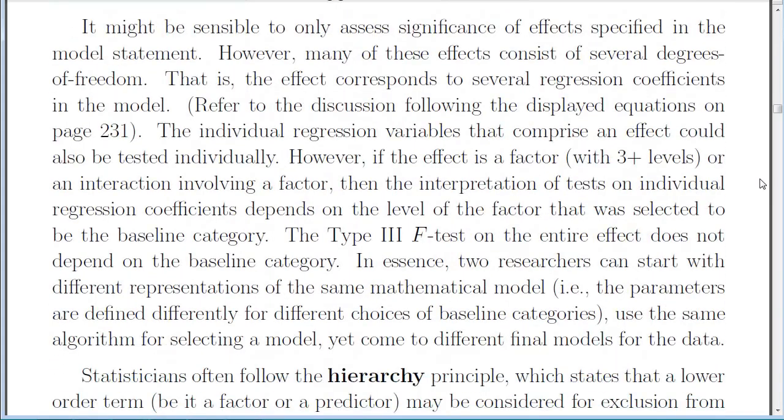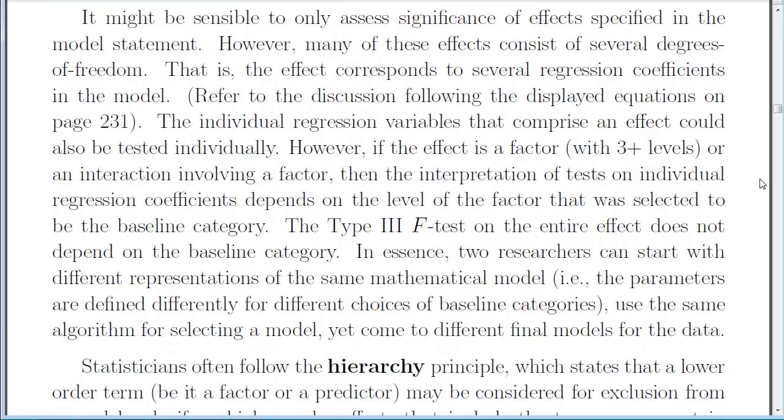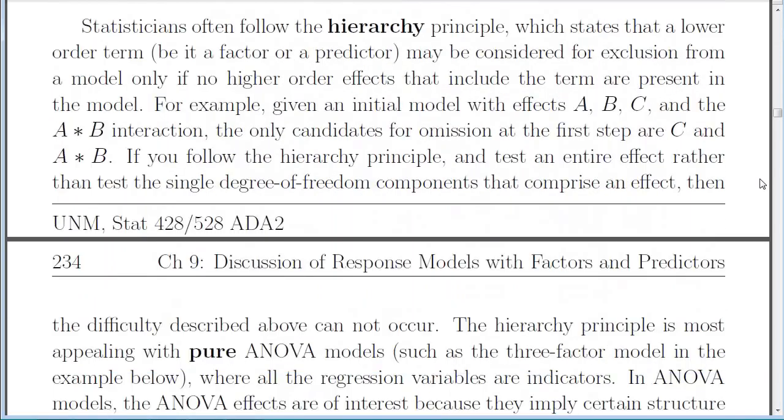All right. So I'm going to skip a little bit, but I do want you to read some of these things. We have discussed the hierarchy principle previously. I'll make maybe the one point here that, say you have a certain model, and we have three effects, A, B, and C. And say in our model we have effects A, B, C, and the A-B interaction.